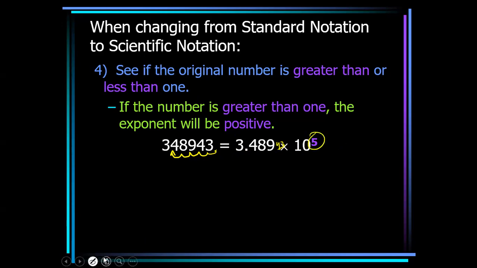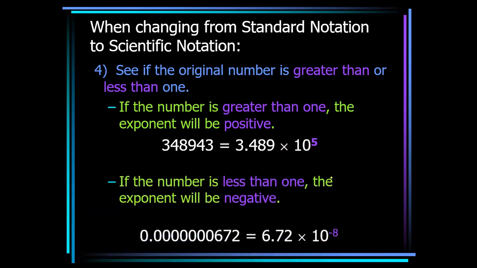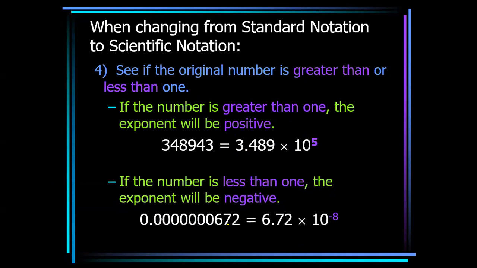For less than one, it becomes negative. For this one, set the first whole number here, then it goes to the left: 1, 2, 3, 4, 5, 6, 7, 8, so negative 8. So if it is a small number, put negative. If it is a big number, you put the positive. That's the principle and the main idea about the standard.